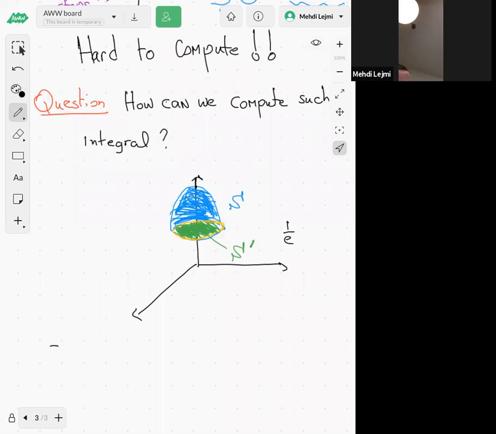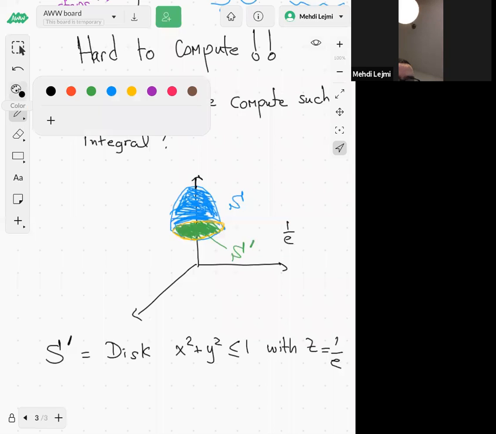This S prime is the unit disk at z equals 1 over e. So x squared plus y squared less than or equal to 1, with z equals 1 over e. Now, the surfaces S and S prime have the same boundary.